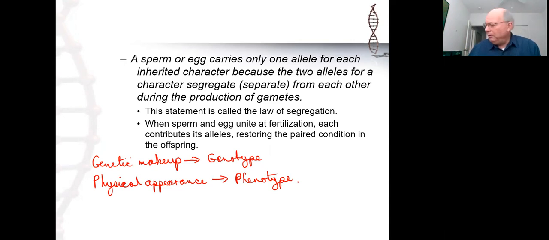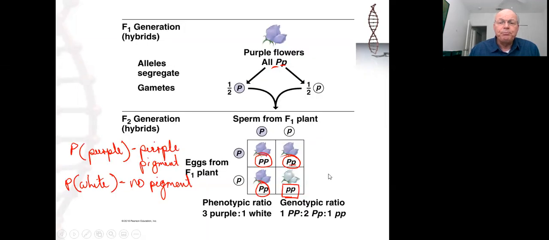So when we start looking at the results of the law of segregation, there are two ratios that we need to actually look at, and those are documented down here. If we're looking at the physical appearance, we know that it's 3 to 1, 3 dominant trait to 1 recessive trait. And so when we're talking about traits and physical appearance, then we are talking about phenotype.